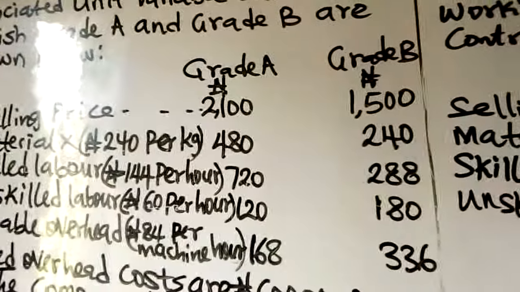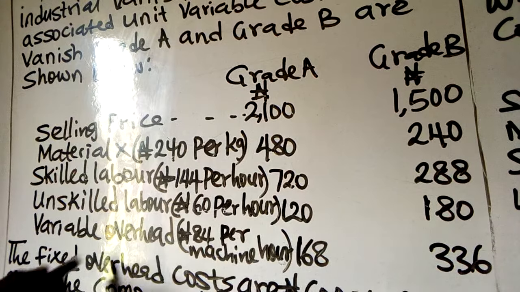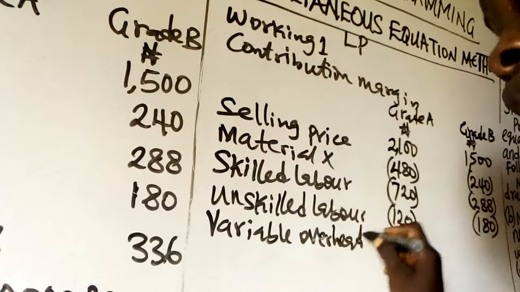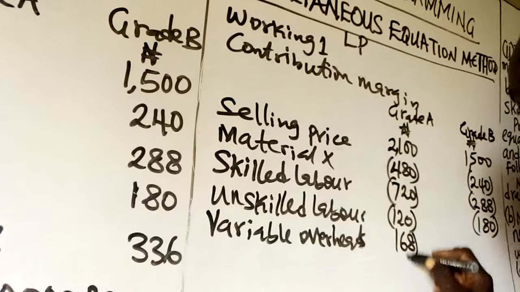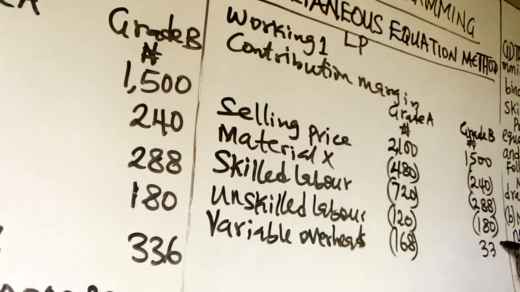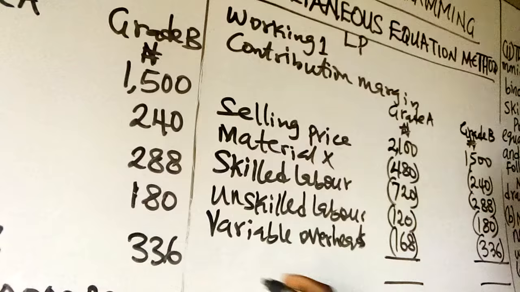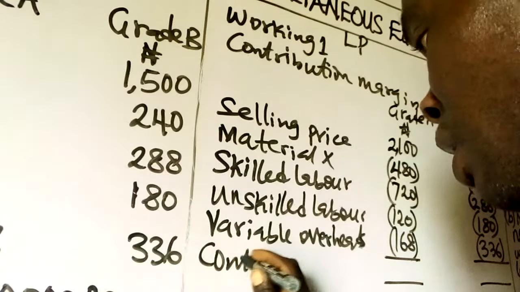Then we also have variable overheads, which is 84 naira per machine hour, and that is 168 naira and 336 naira respectively. When you less all the variable cost from the selling price above, you arrive at the contribution margin.